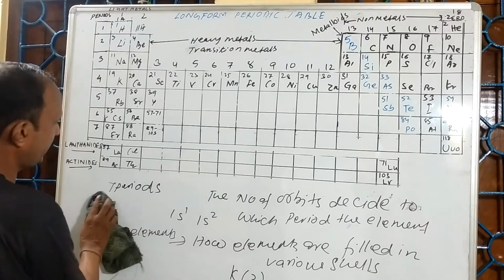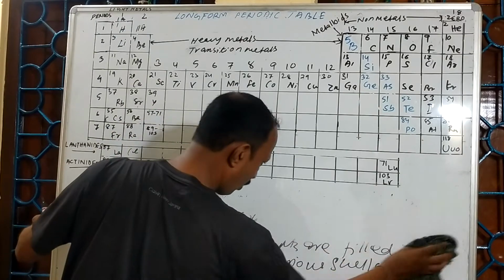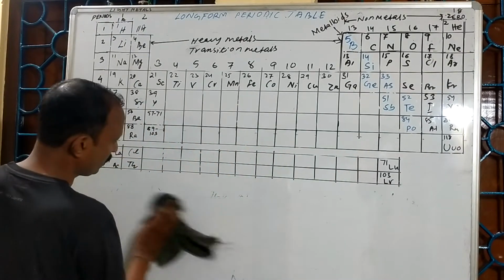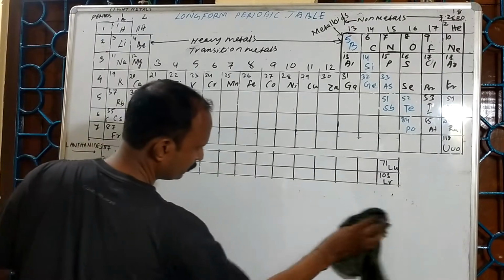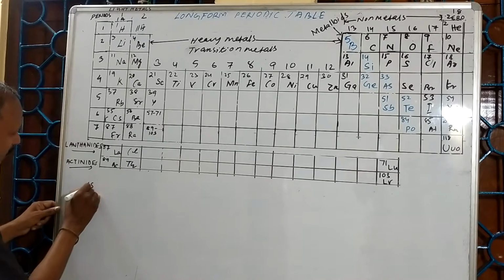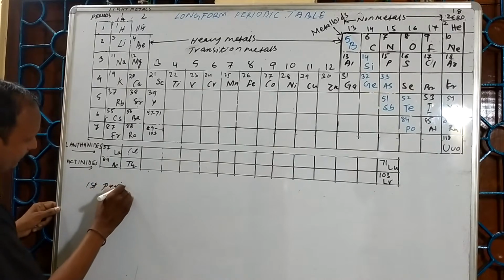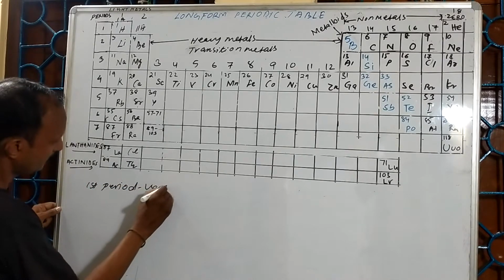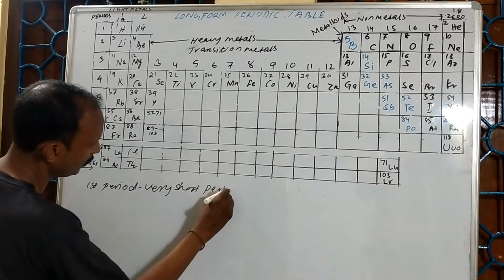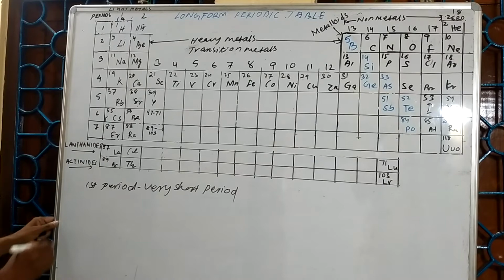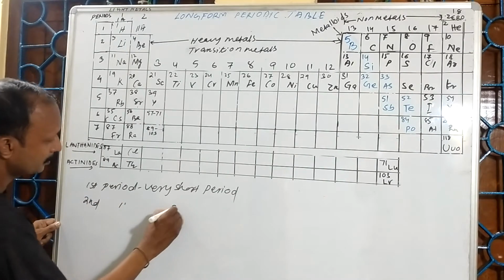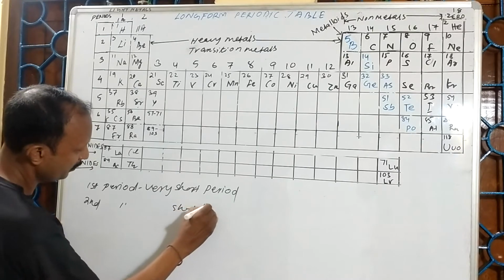Let us see the second period. The first period is called a very short period. Second period, short period.